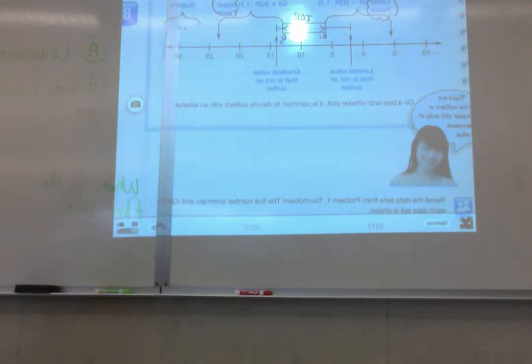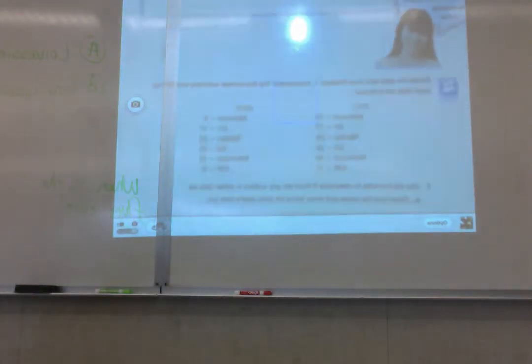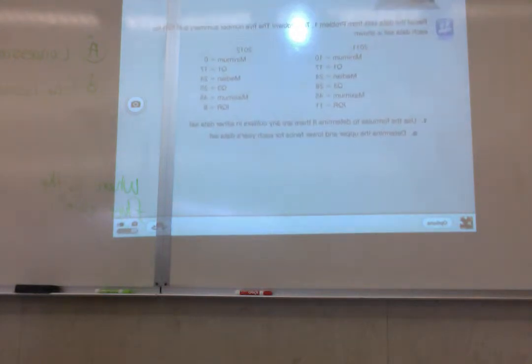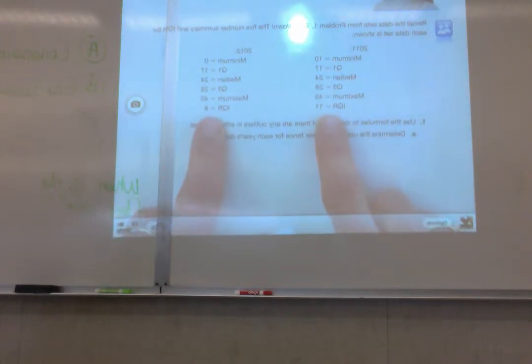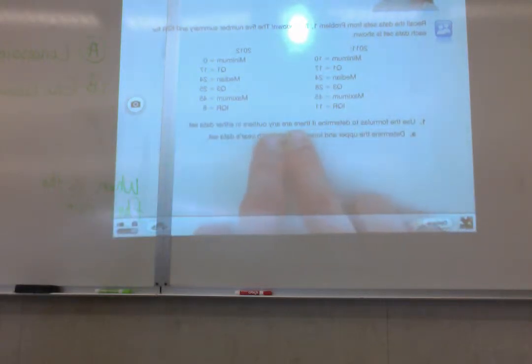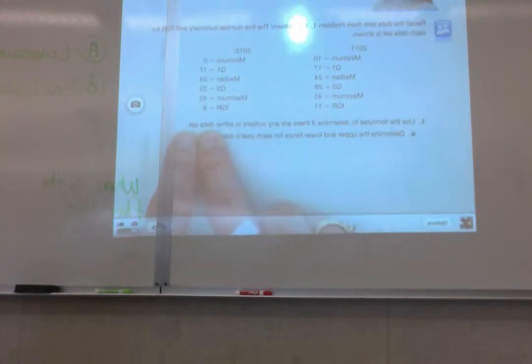All right, let's take a look at our touchdown stuff. I'm midway through page 483. We recall from the data set the five number summaries, and there are our IQRs that we figured out. Use a formula to determine if there are any outliers in either data set. A, determine the upper and lower fence for each year's data set.